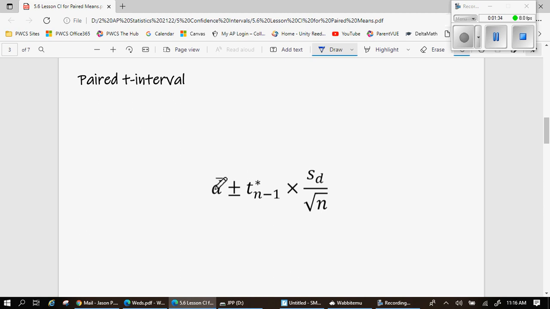We then have to find the difference in those two values in each pairing, and what we can do is calculate a mean. That's what this is. This is the mean difference. So we're no longer actually looking at two means. We're looking at one mean, and that mean is the difference from the two groups. The rest of this should look very similar.